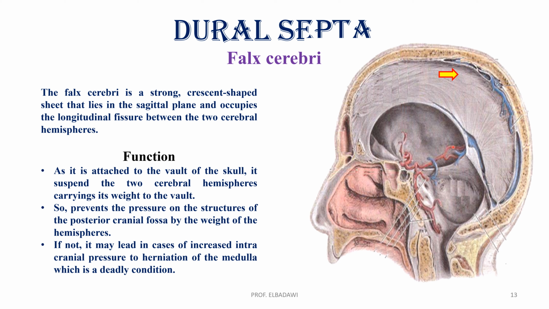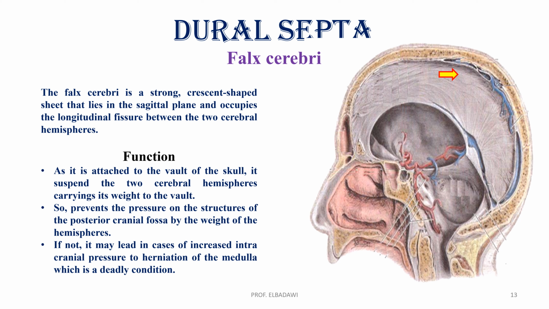Increased intracranial pressure will lead to what we call herniation of the medulla. The 2 tonsils also will be herniated, blocking the foramen magnum, which leads to more and more increase of the secreted cerebrospinal fluid. And this will press on the cardiac and respiratory centers found in the medulla and could be a deadly situation. That is the importance of that falx cerebri.